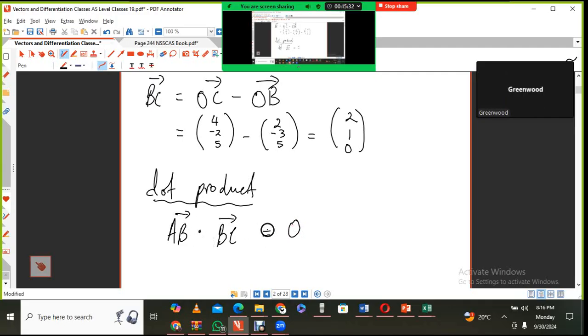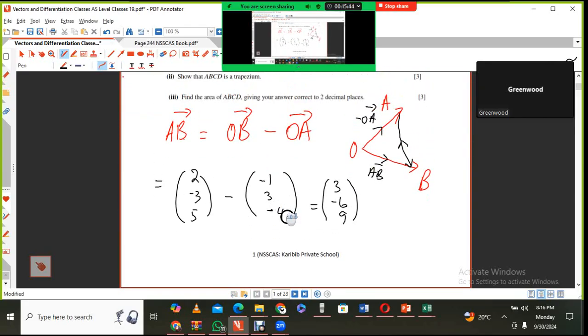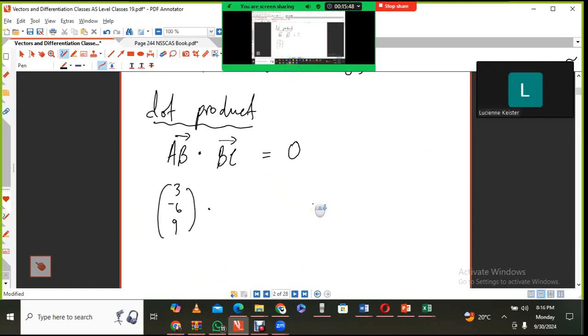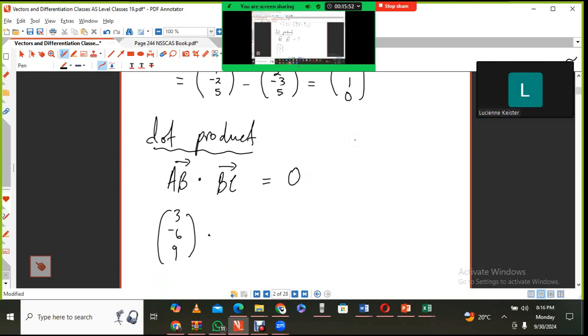So you're just going to multiply the components with each other. Remember, AB was (3, -6, 9), dotted with BC, which is (2, 1, 0).